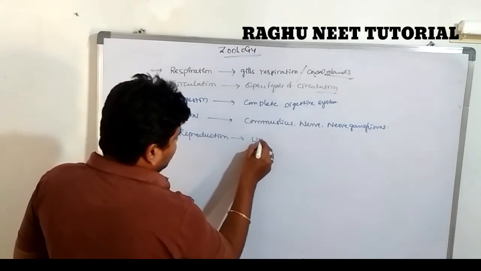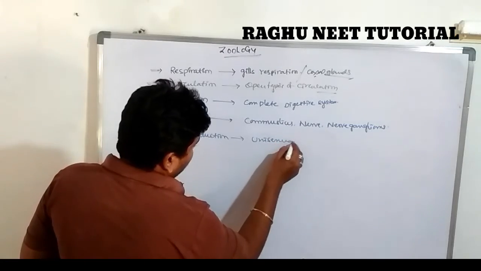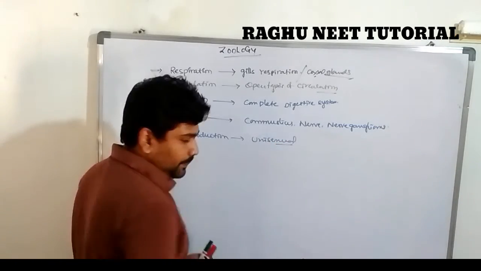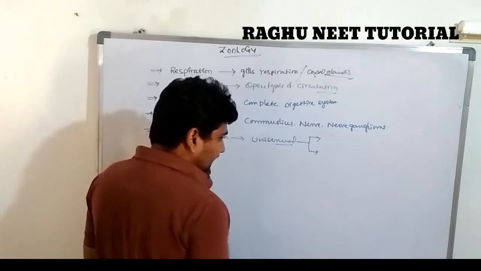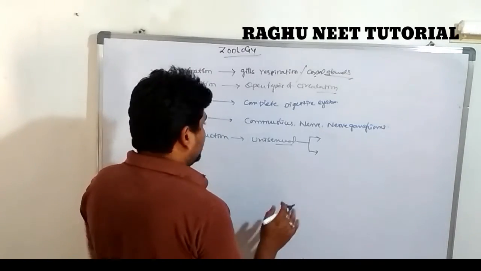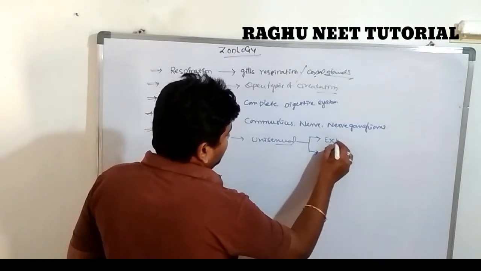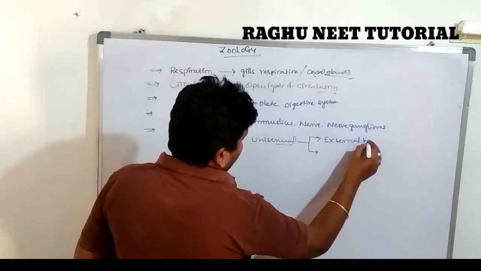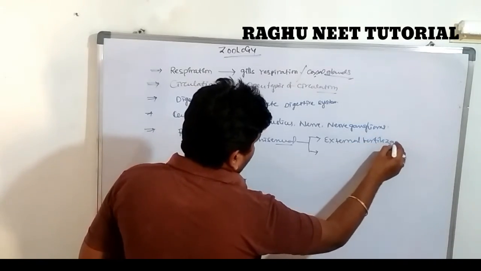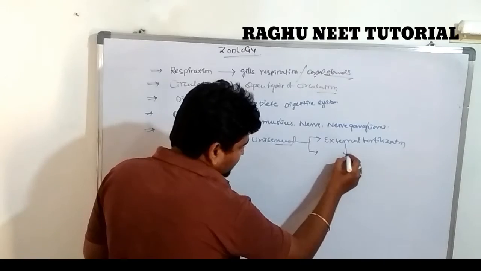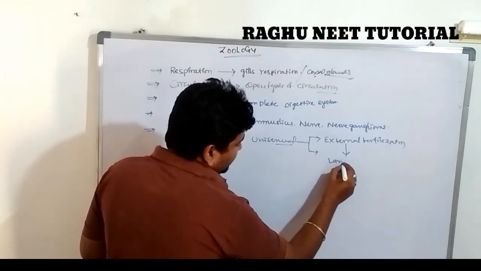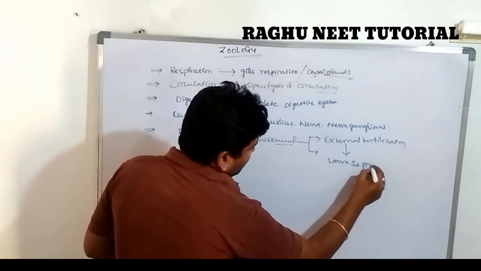Reproduction. Unisexual. Most of the organisms are unisexual. Reproduction is through copulatory organs. Okay, so reproduction is by external fertilization. After the exchange, fertilization occurs outside of the body. External fertilization. Larva is present.